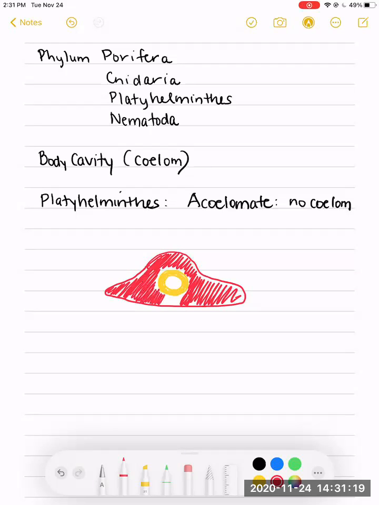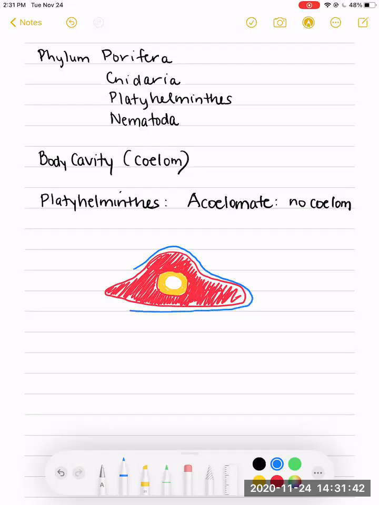So the only space is the interior of the gut. Otherwise, the mesoderm completely surrounds the gut and goes all the way to the body wall, which is made of ectoderm. So we would have a layer of ectoderm on the outside.